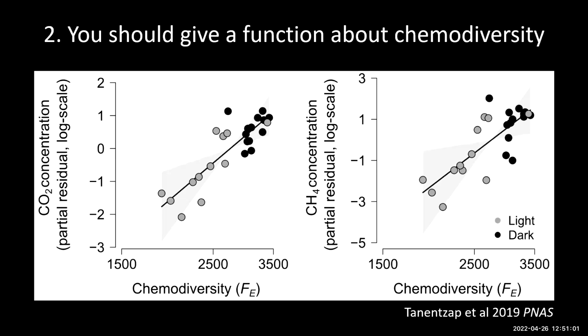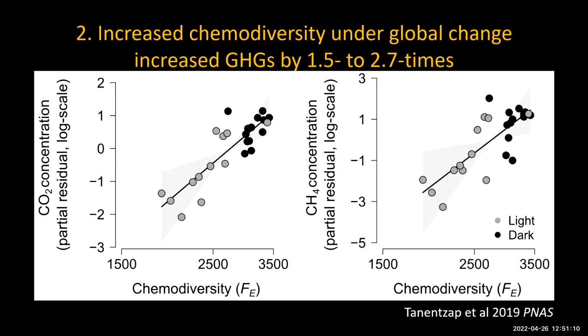So big changes. We further found that chemodiversity itself strongly varied with those experimental treatments I told you about earlier. An increase in sediment organic matter from 5 to 25%, as can happen from greater forest cover under a warmer climate, was enough to raise chemodiversity so that it increased the greenhouse gas concentrations, when we add together CO2 and methane, by nearly 1.5 times.